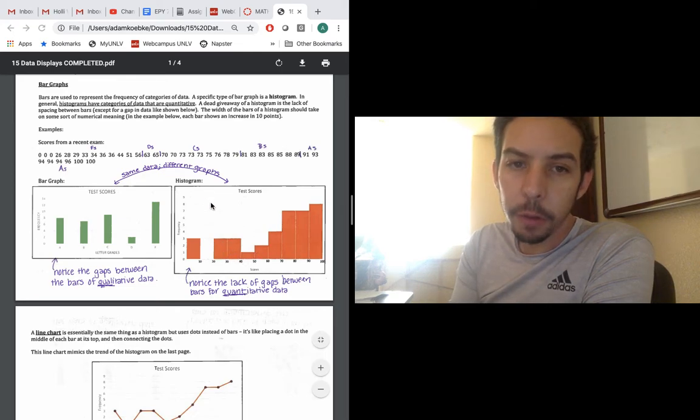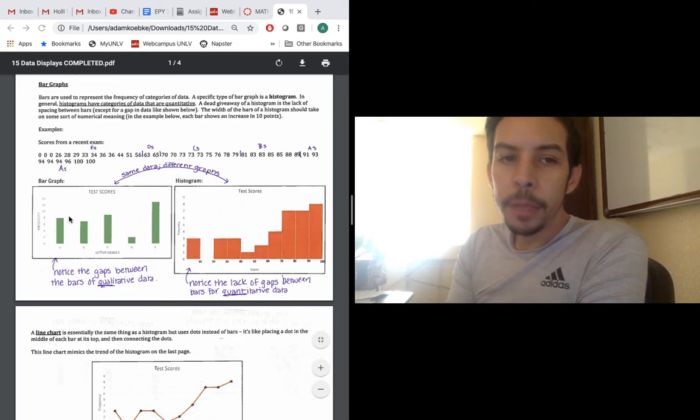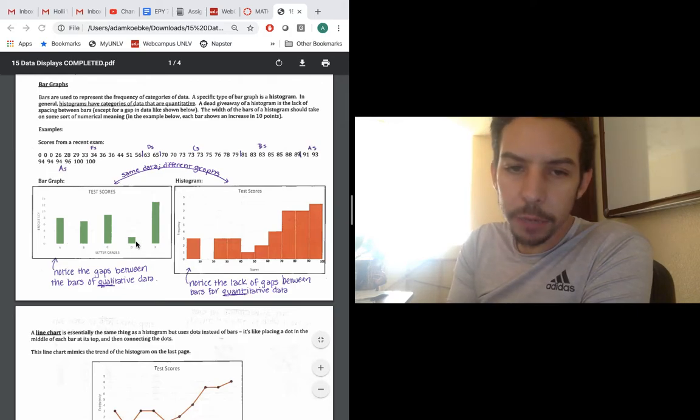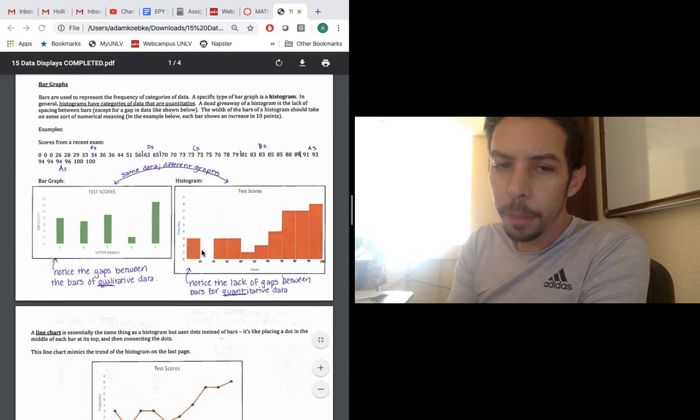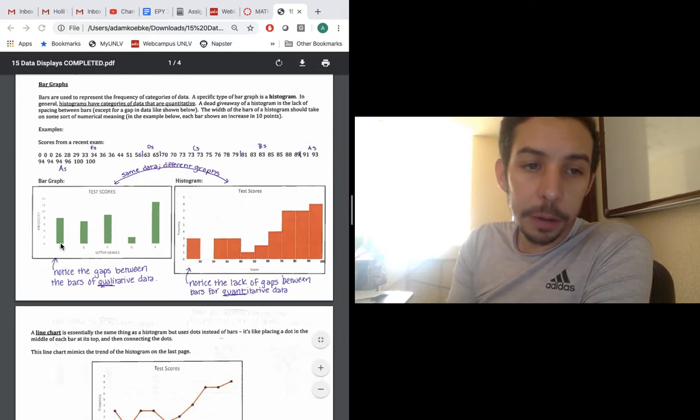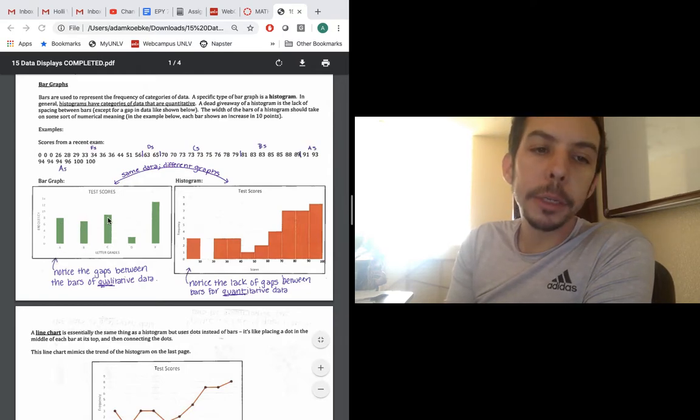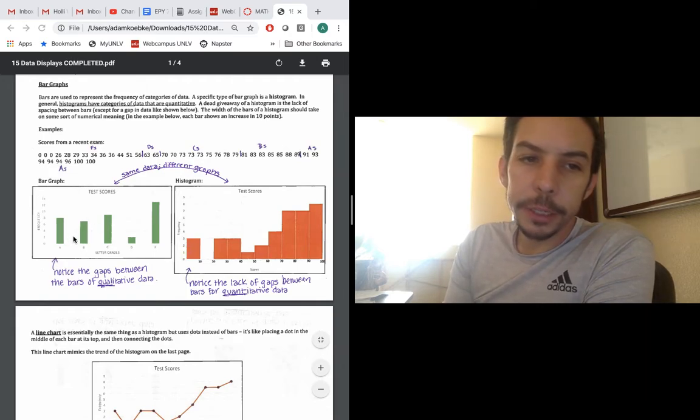And so on and so forth. So it shows us 2 separate ways of looking at the same material. For the histogram, the bars are touching and the data is continuous, whereas in this one, we have gaps between the bars and the data is not continuous.